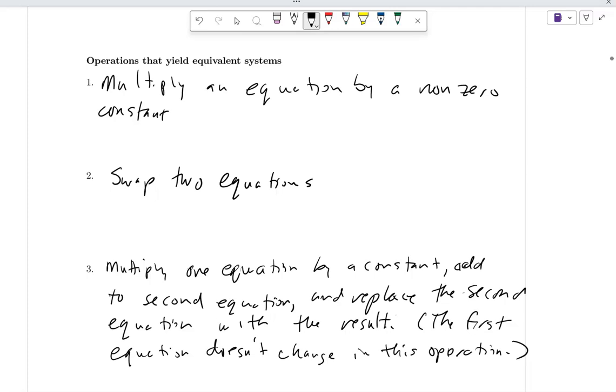I shouldn't say the first equation. I should say the one that we're multiplying the constant by doesn't actually change. We're doing that multiplication kind of as an intermediate step, but we're leaving it unchanged.